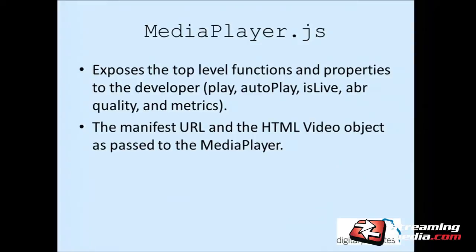In the core streaming package, the main class that you'll interact with is the media player JS, and that's actually the one that is responsible for interacting directly with the media source extensions. So ultimately, it gets a reference to the video tag, so it knows how to interact with that, and it knows what the URL is.